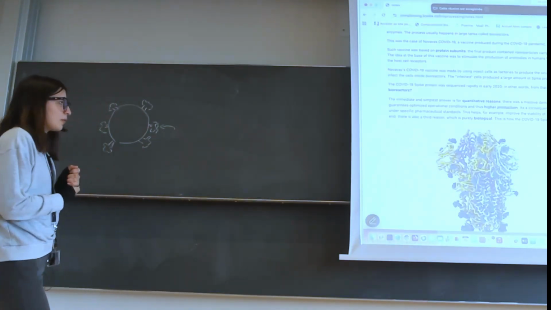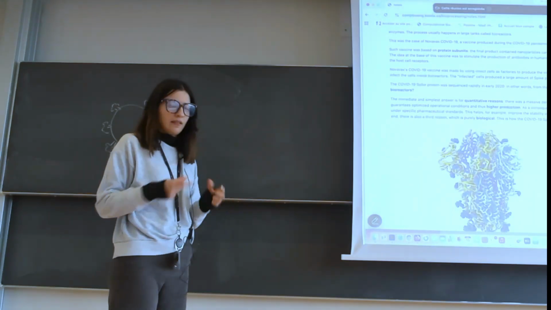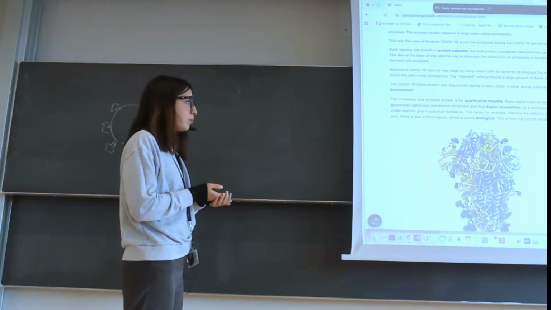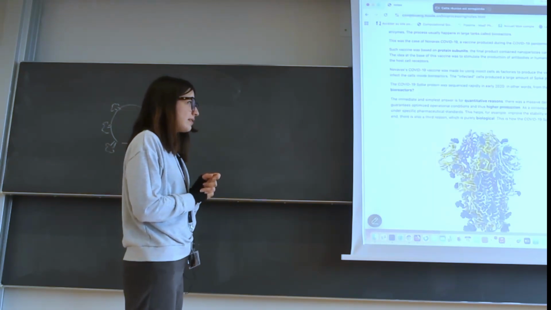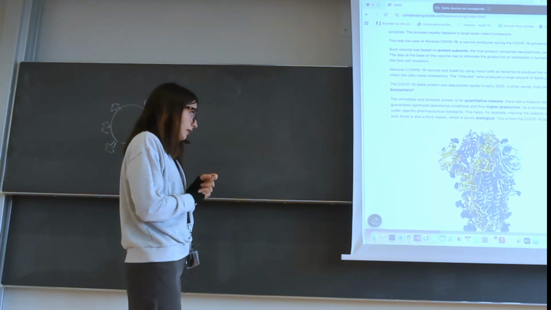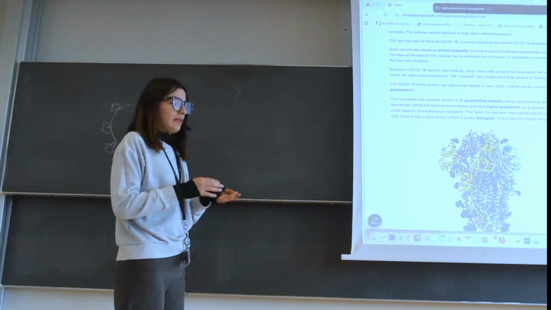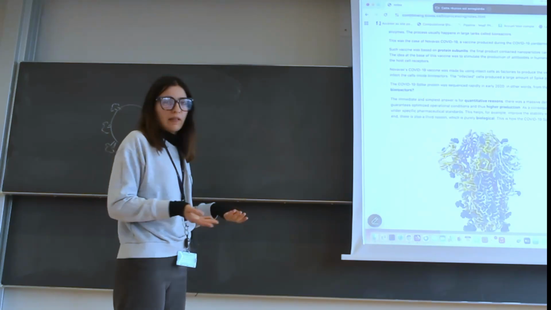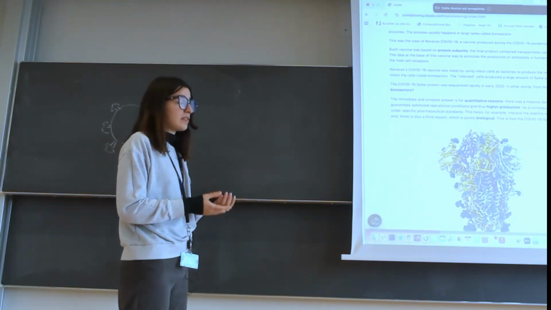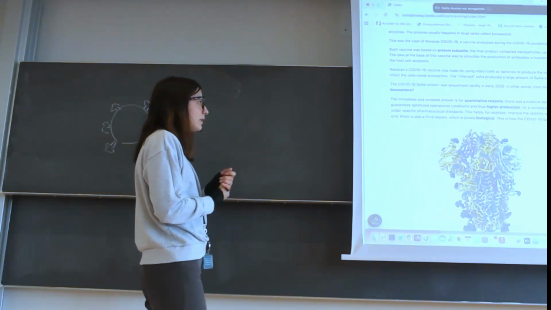And what the company did is to take this sequence, so this instruction, put it in cells, in particular in insect cells, and allow them to grow inside the bioreactor to produce the spike protein.